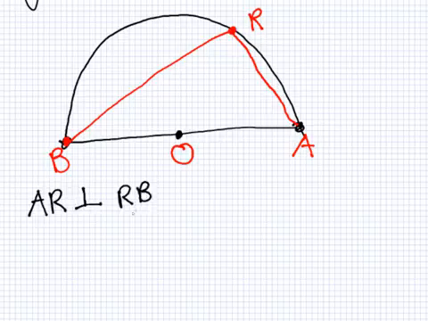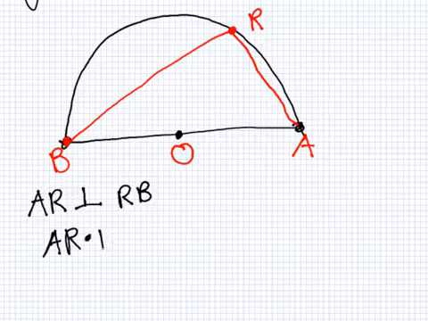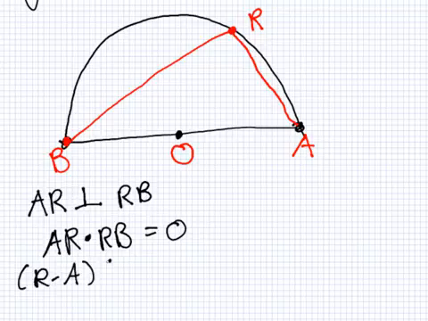Which means you want to show that AR dot RB should equal 0. AR is R minus A, and RB is B minus R.